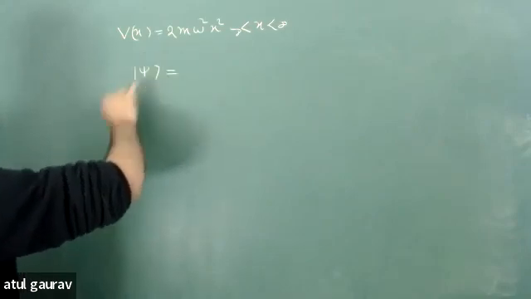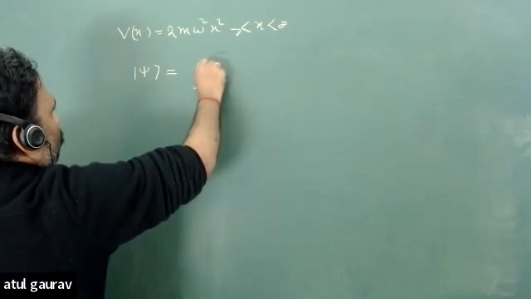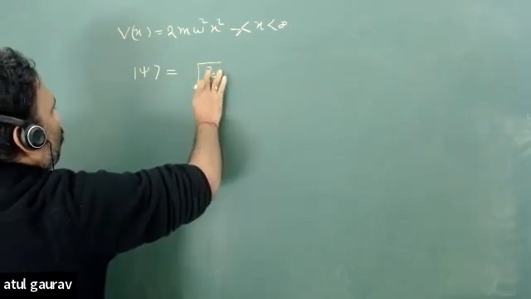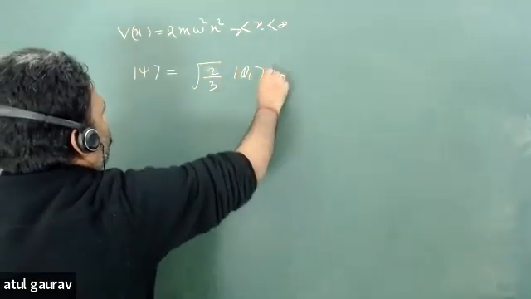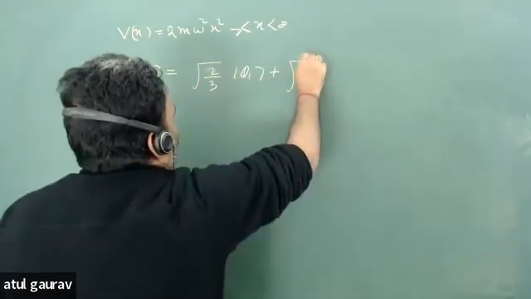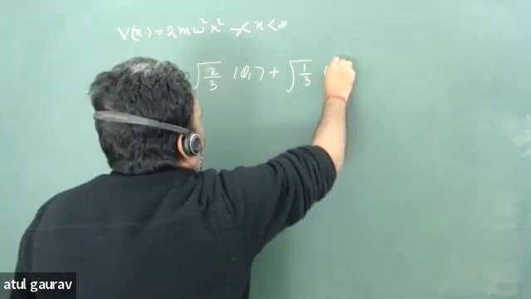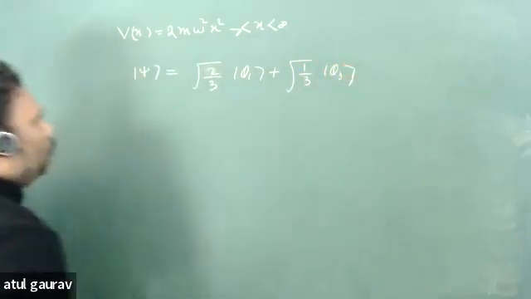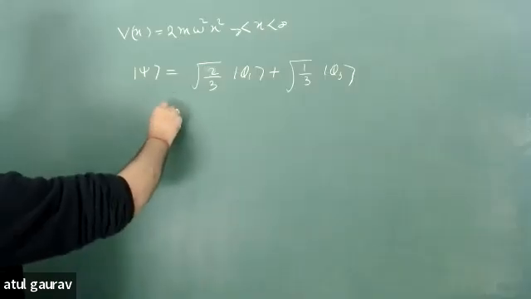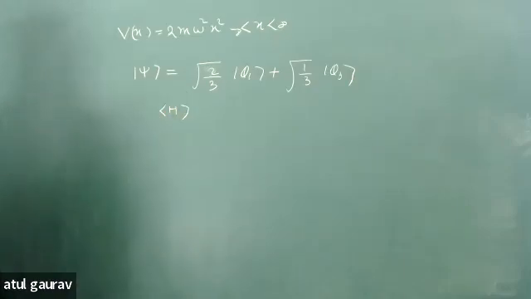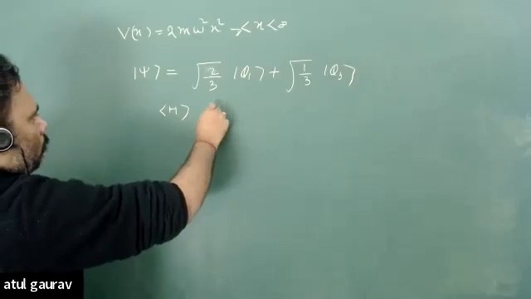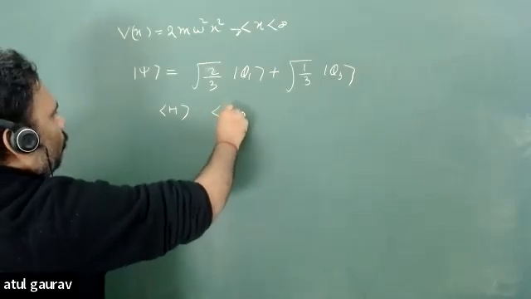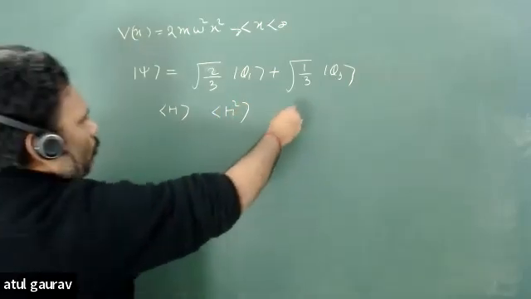Psi is given as root 2 by 3 pi 1 plus root 1 by 3 pi 3. Find the average value of energy and find the average value of energy square.